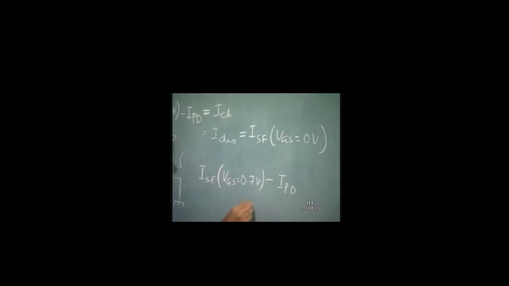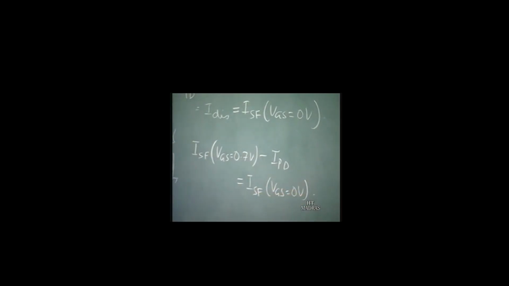So, now if we want I charge equal to I discharge, I source follower at VGS equal to 0.7 volts minus I pull down is equal to I source follower at VGS equal to 0 volts.